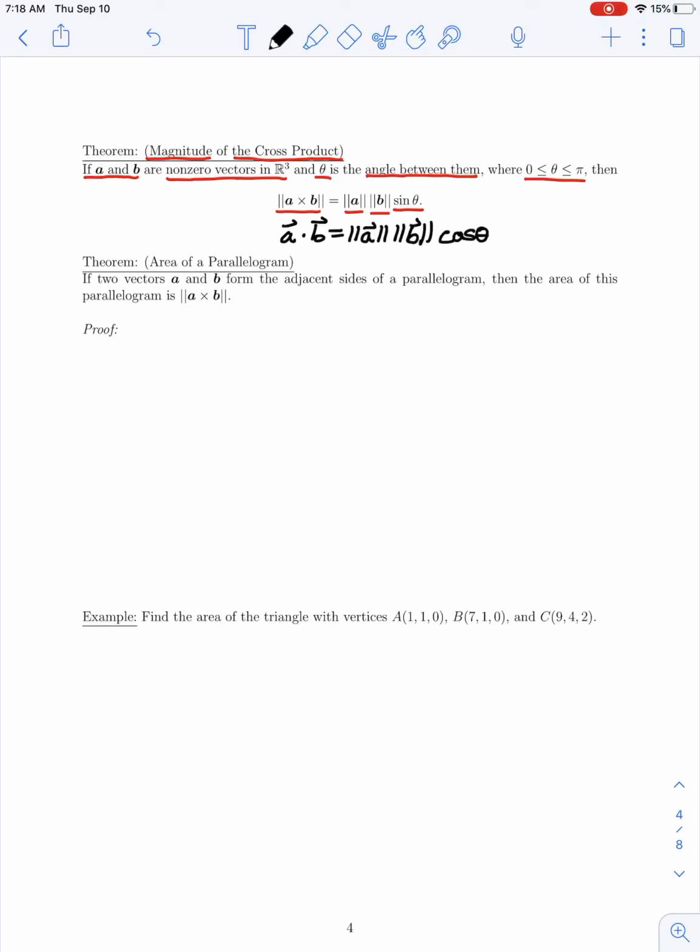So here we have a similar sort of expression in terms of the cross product. The magnitude of the cross product is given by the product of the magnitudes of A and B times sine of the angle between them.